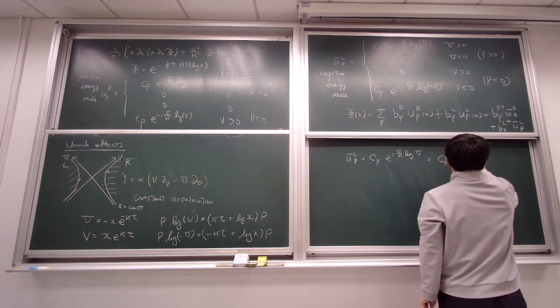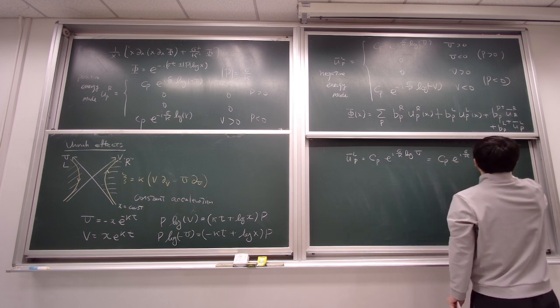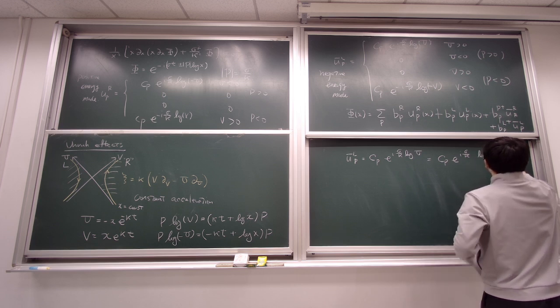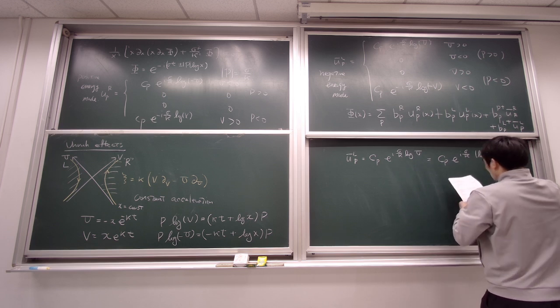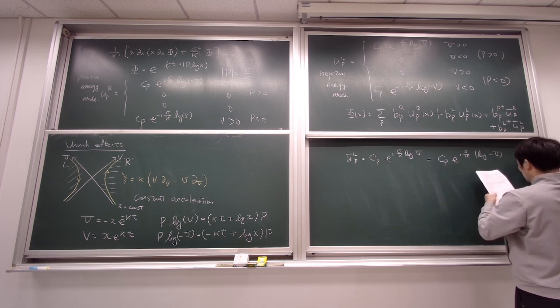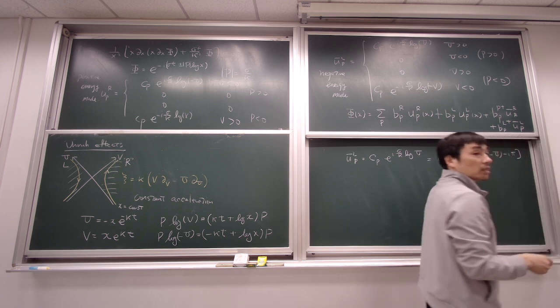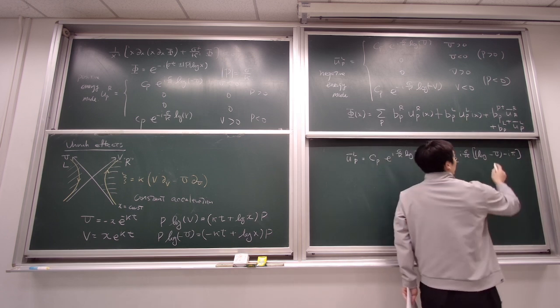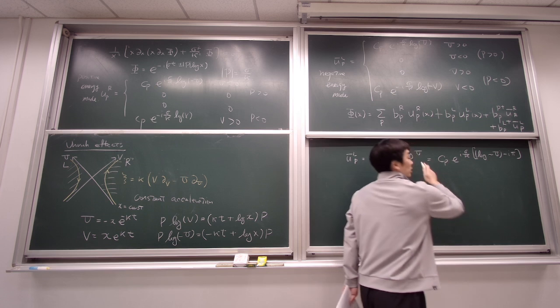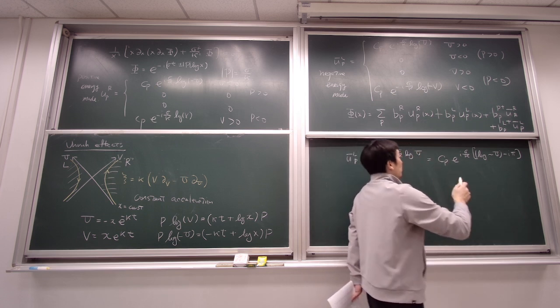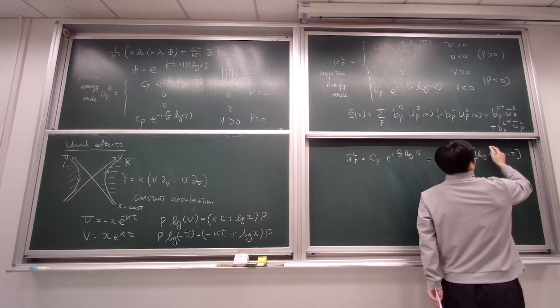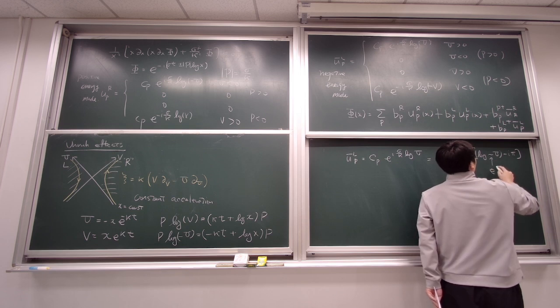This is log of minus U plus i pi, minus i pi. Here you put the minus sign; here there's no minus sign, but you just put that. So this guy is e to the i pi.